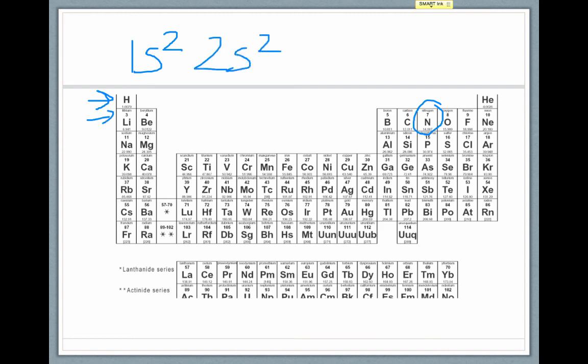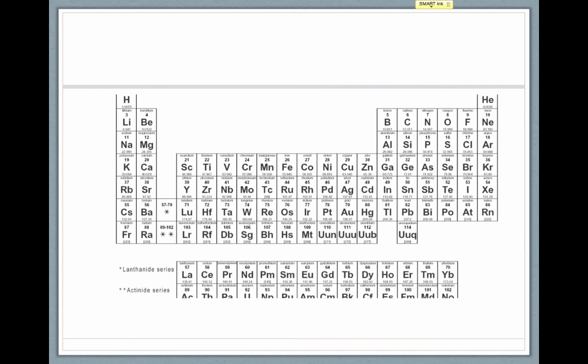And I know that its electron configuration must end with something in the 2p sublevel because it's in the P block in the second period. And I know that its electron configuration has to end with 1, 2, 3, since it's 3 over in the P block. So our electron configuration for nitrogen is 1s2, 2s2, 2p3. Notice if we add 3, 2, and 2, we get 7, which is the correct number of electrons.